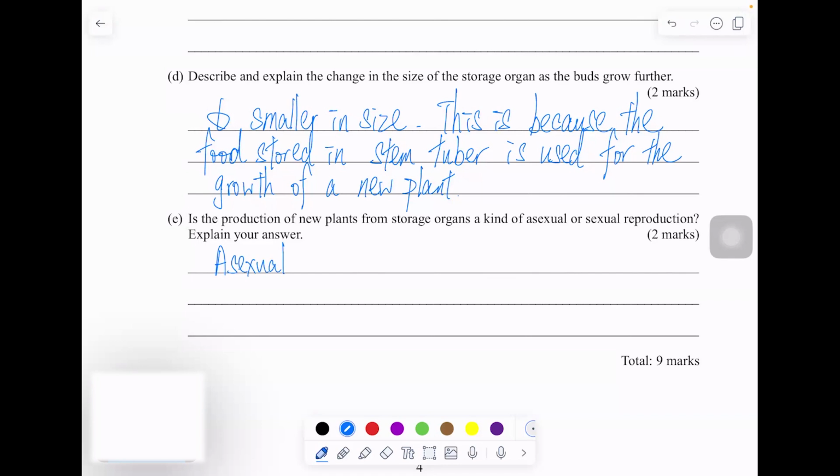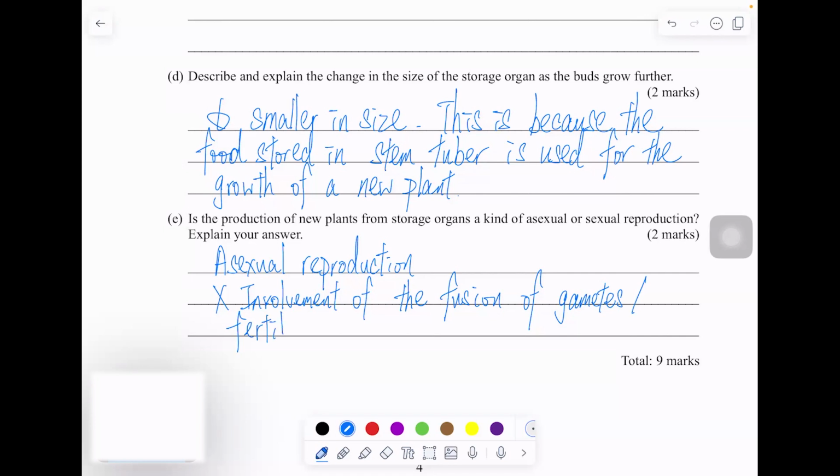Based on what we learned in the previous multiple choice questions, you will notice that there is no involvement of the fertilization or of the fusion of gametes. So in this case, it would not be sexual reproduction. It would be asexual reproduction.